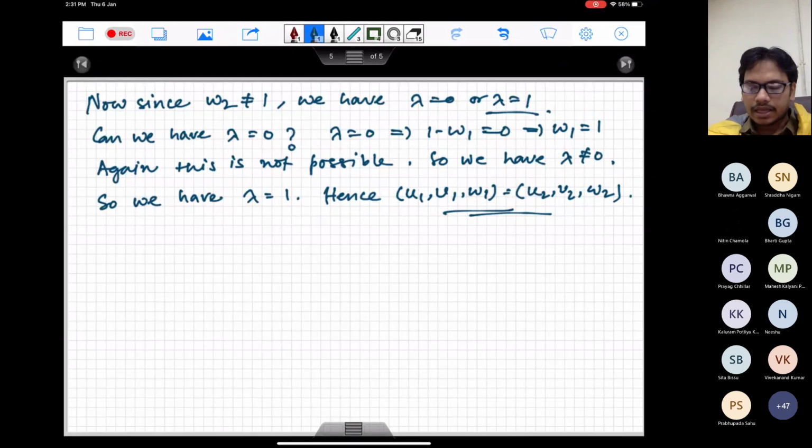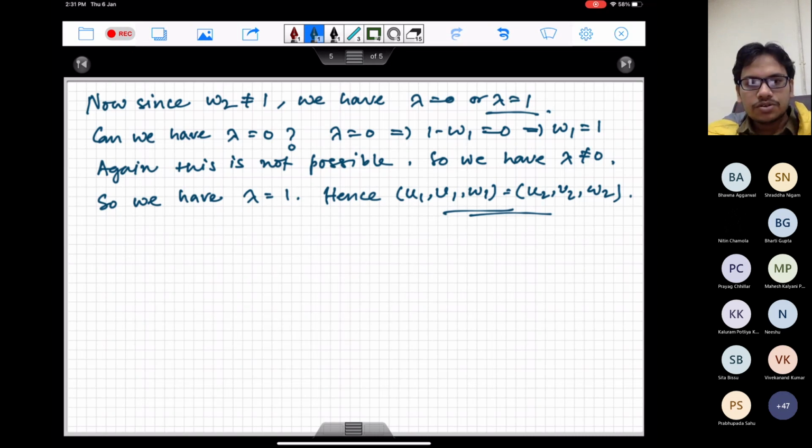And I had told you in the last lecture that we are going to treat this point 0, 0, 1 as the point at infinity. So therefore, let us try to understand the dynamics of this point, like how does the point near this point behave, and why do we call this point 0, 0, 1 the point at infinity.